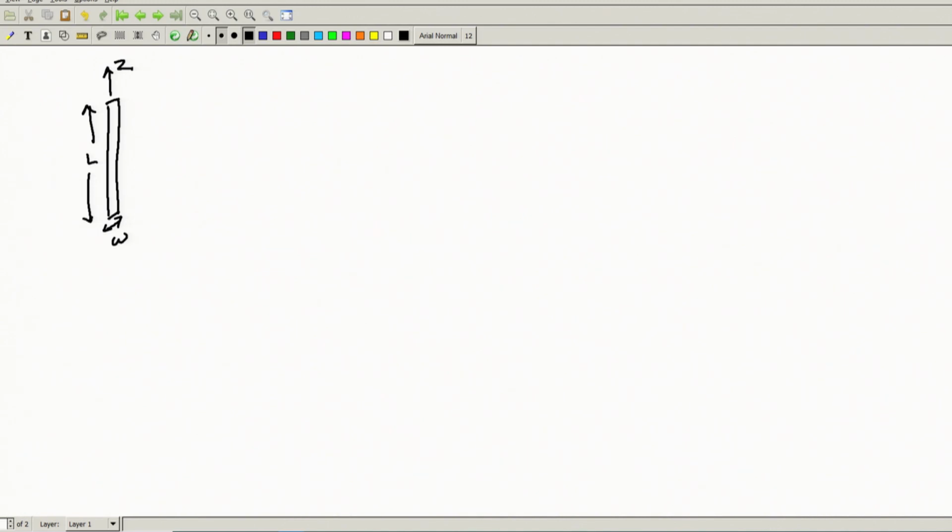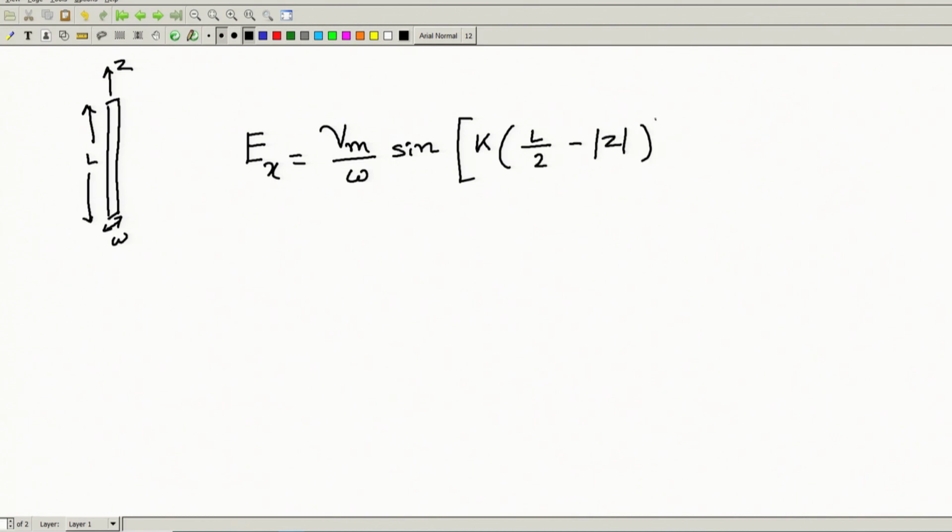In the question it has been asked that we need to assume Ex as Vm upon W sine of k L upon 2 minus mod Z. So, this is provided to us.